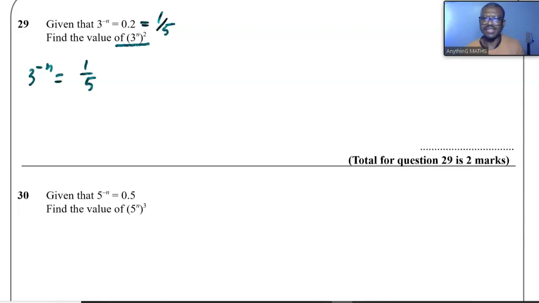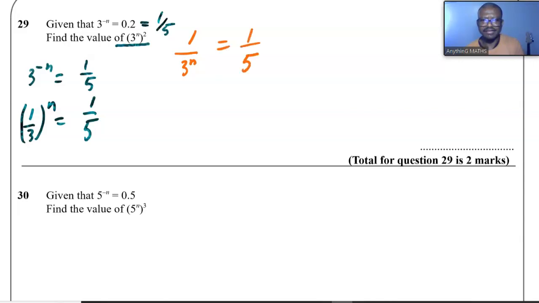By the law of indices, I can also write 1 over 3 raised to the power positive n should be equal to 1 over 5. Using algebra, I can also write 3 raised to the power n is equal to 5.